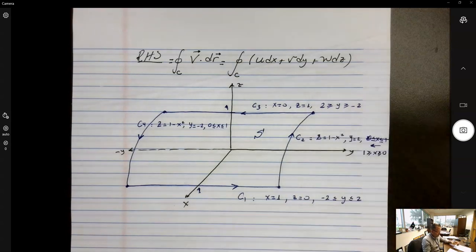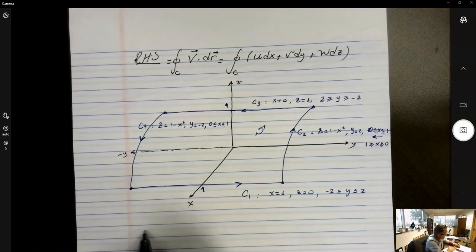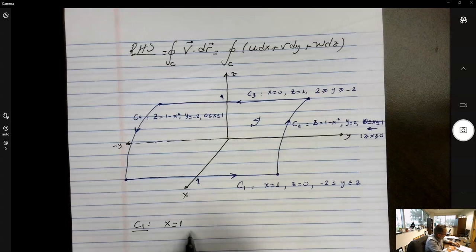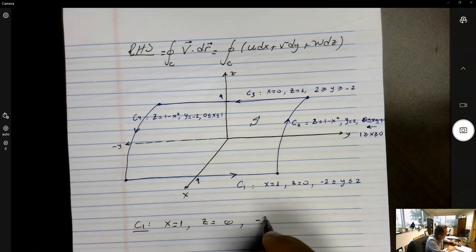All right, so we just parameterize along those curves. So let's start with C1. On C1, x is equal to 1, z is equal to 0, and y goes from -2 to 2.